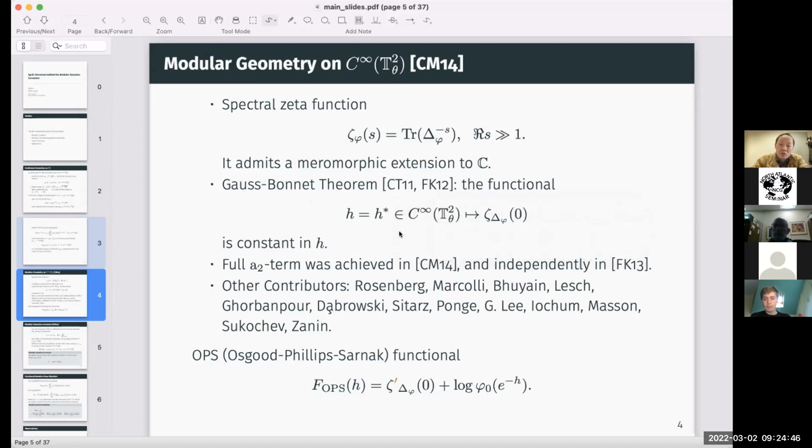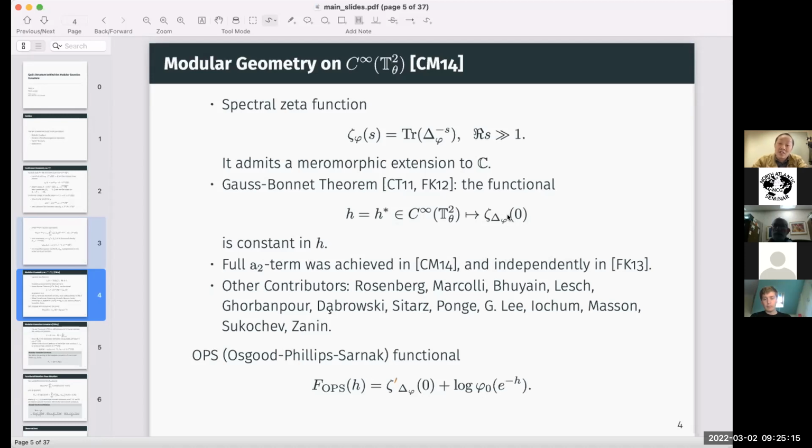In our operator theoretical language, the statement is that you consider the value at 0 of the zeta function as a functional on H, and this functional is a constant function. This is a fancy way to rephrase the integration of the scalar curvature.